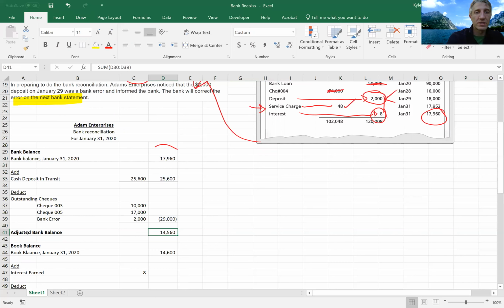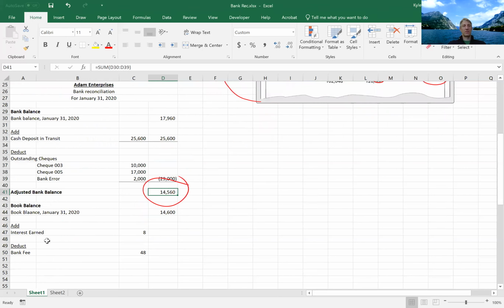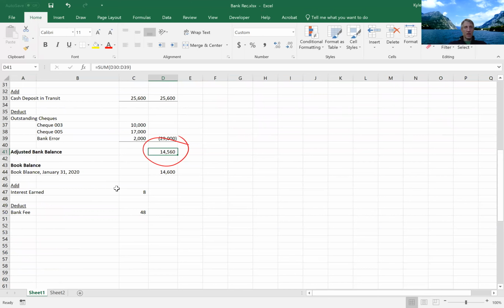So what was in the bank, what should be added to the bank once we make that cash deposit, and what's deducted from our bank. So these three items added together equals $14,560. Now, the interest earned, there's really not many adjustments to our books we need to make, just the $8 adjustment in interest that we earned and a $48 bank fee. But I'm going to do the same thing, and that should be negative, sorry.